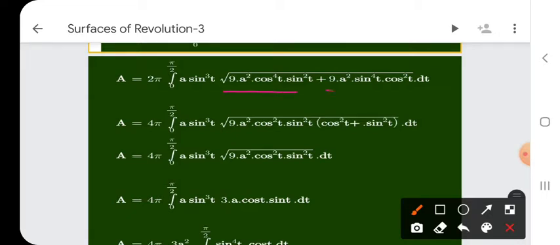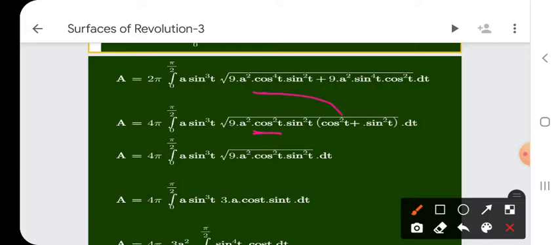Now I take common. From which term do we have to take common in these two terms? See here, this is 4 pi, not 2 pi. 4 pi a sin cube t. From these two terms we take common 9a square cos square t sin square t. After taking 9a square cos square sin square, what is the remaining term? Cos square, since here we have cos power 4 and I take only cos square common.